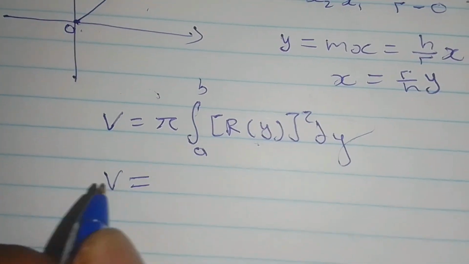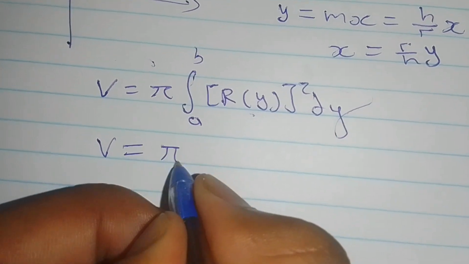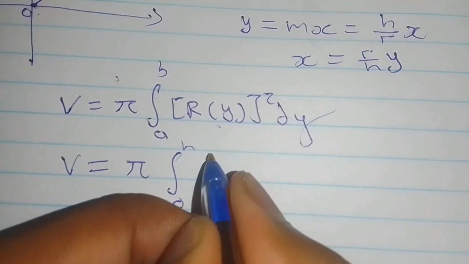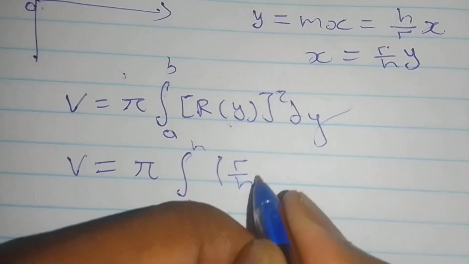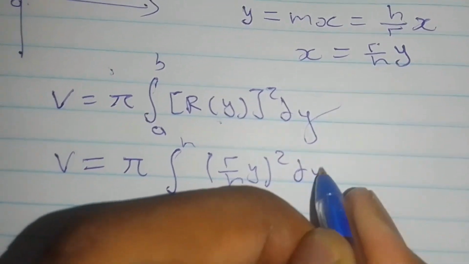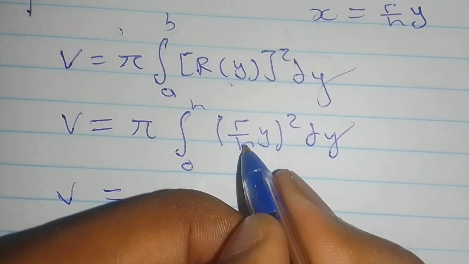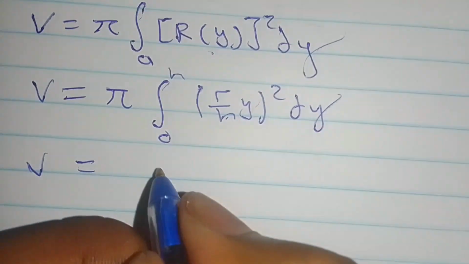So the volume of that cone, we're moving from 0 to h, and r at y will just be (r over h) y, squared, dy. And then you have r squared over h squared, y squared.